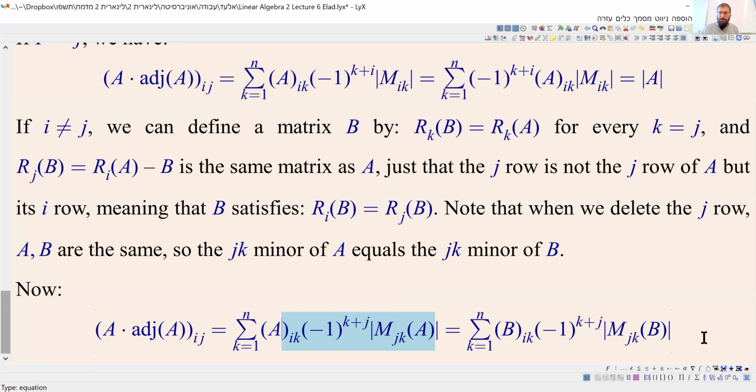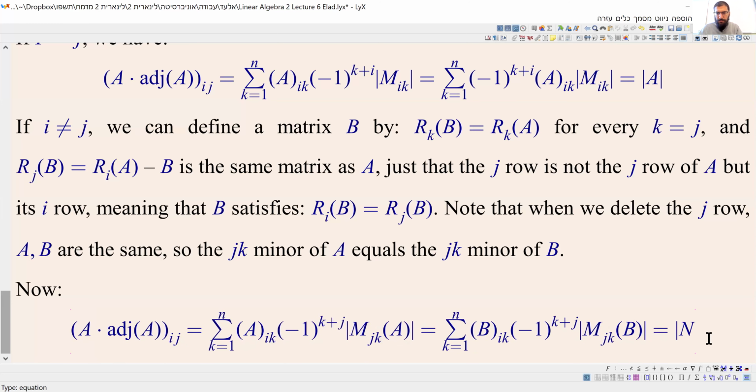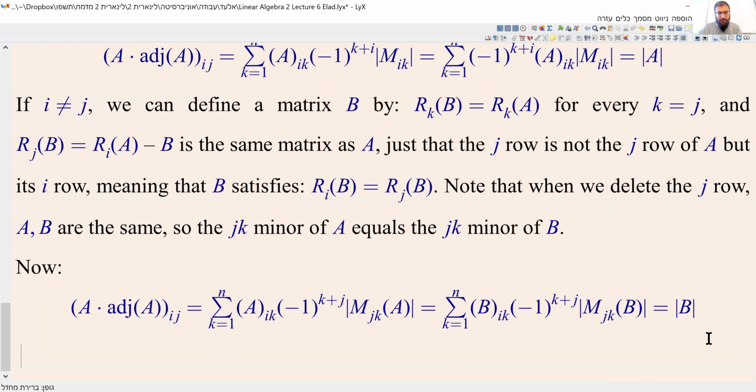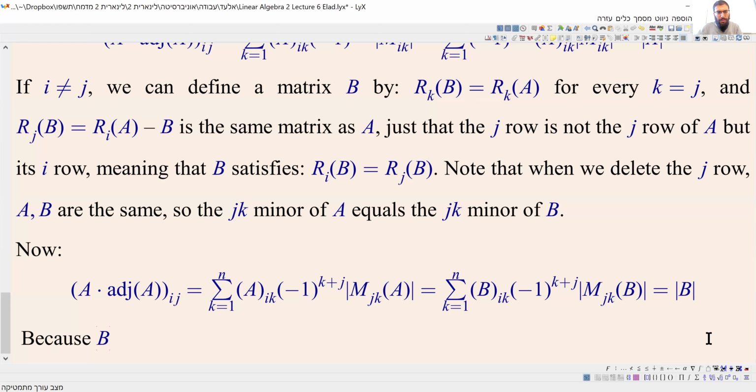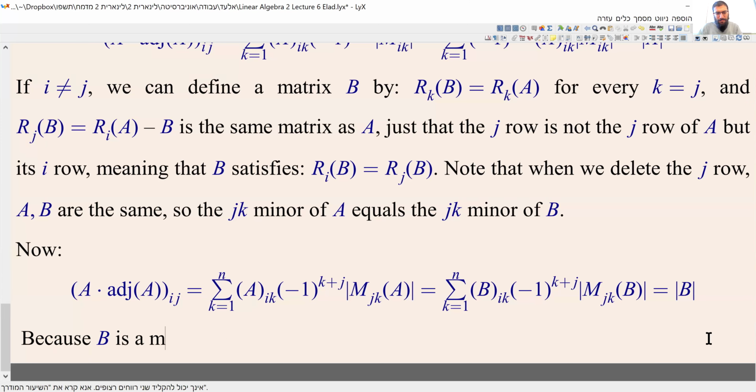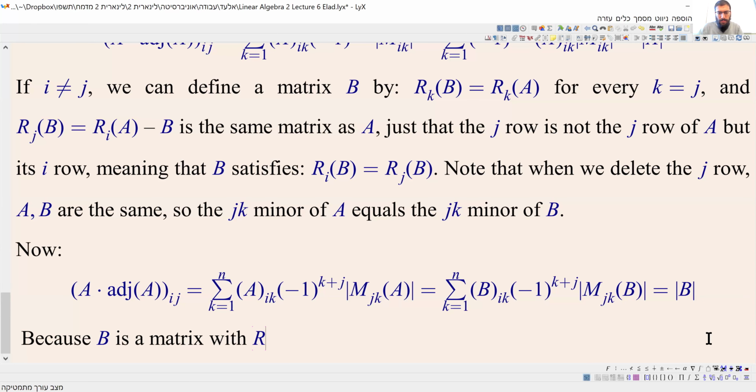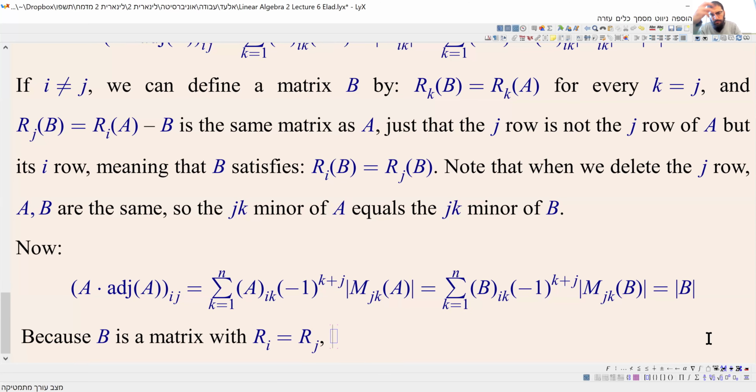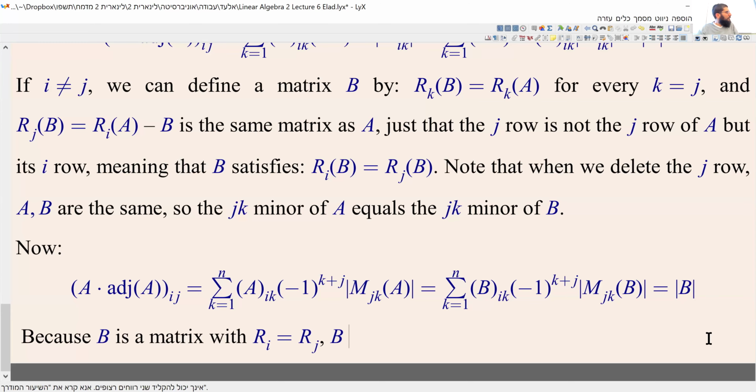And now, when we talk about B, we have the determinant of B by the formula of determinant. And because B is a matrix with Ri and Rj the same, then its determinant is zero. Let's go with this line. B is not invertible, and so the determinant of B is zero.